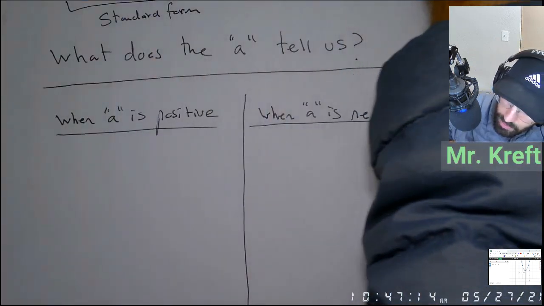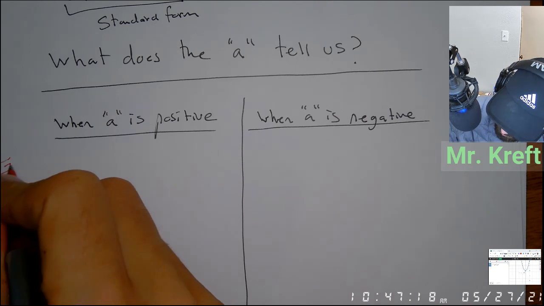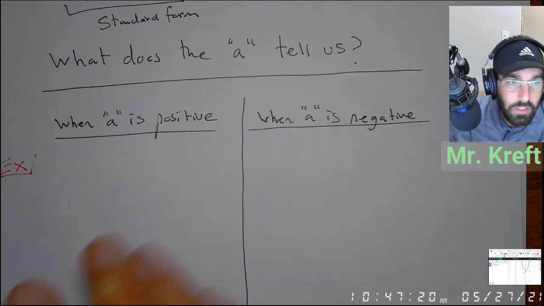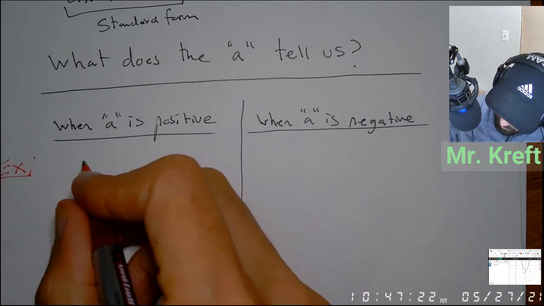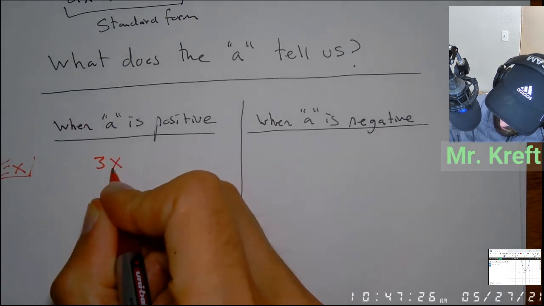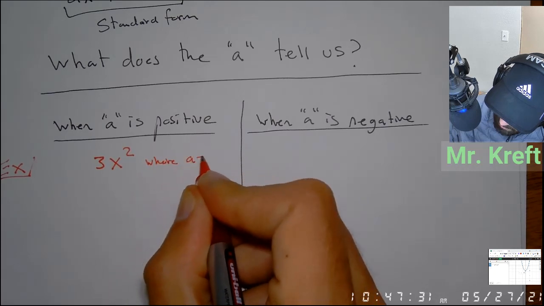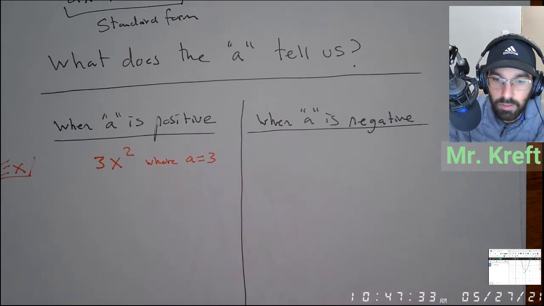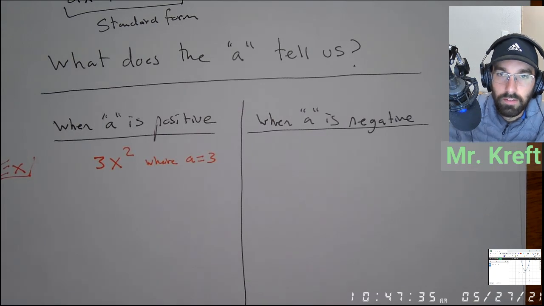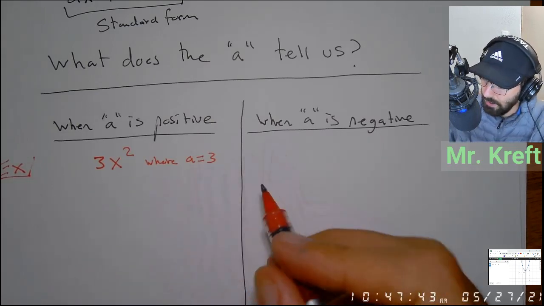All right. So for each of these, we're going to do a graphing sample. We're just going to be looking at the a term. So let's pick 3x squared, where a equals 3.